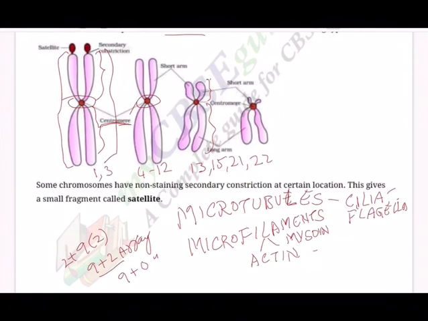The polymerized microtubules form spindle fibers and astral rays during mitosis and meiosis, and as I said, they help in pulling the chromosomes to the North Pole and South Pole. That's how 2N becomes N, and this process plays a crucial role because the identity of the species depends upon the diploid or haploid nature of the organism.